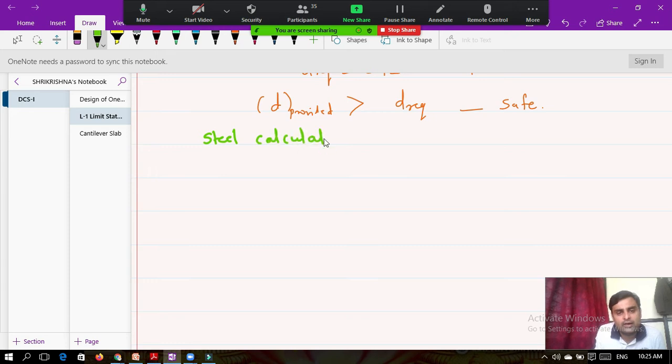We need to calculate the Ast. So steel calculation. Now in the steel calculation, we know the formula.